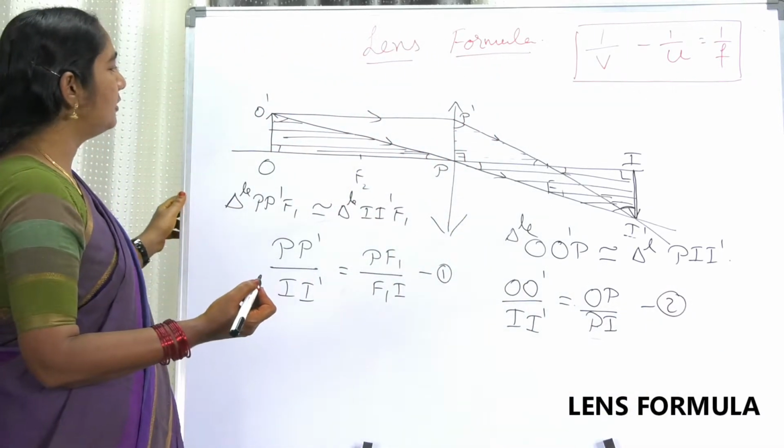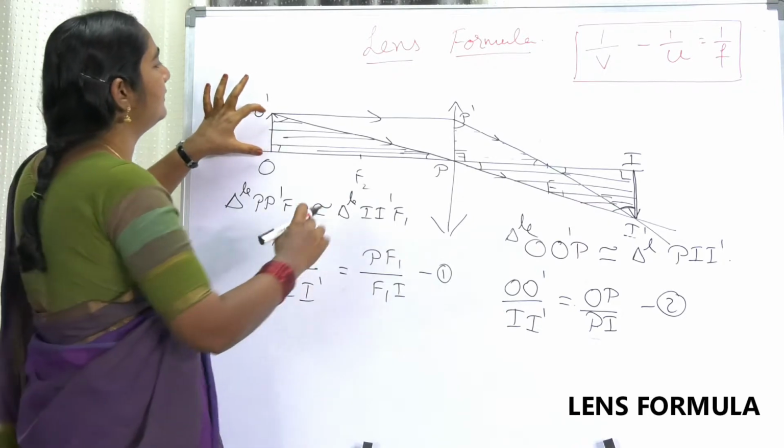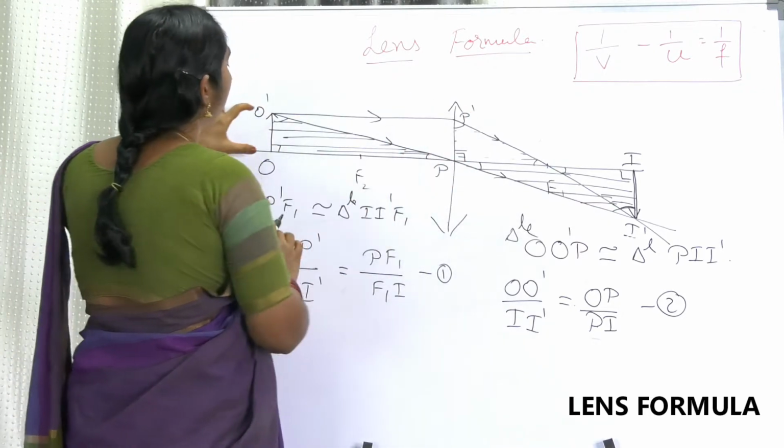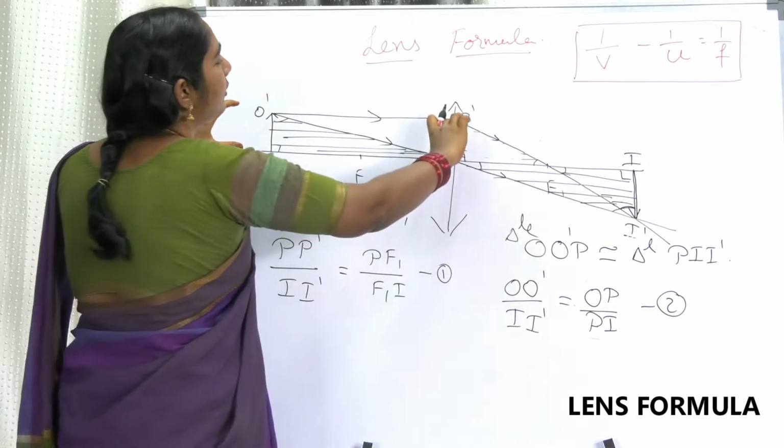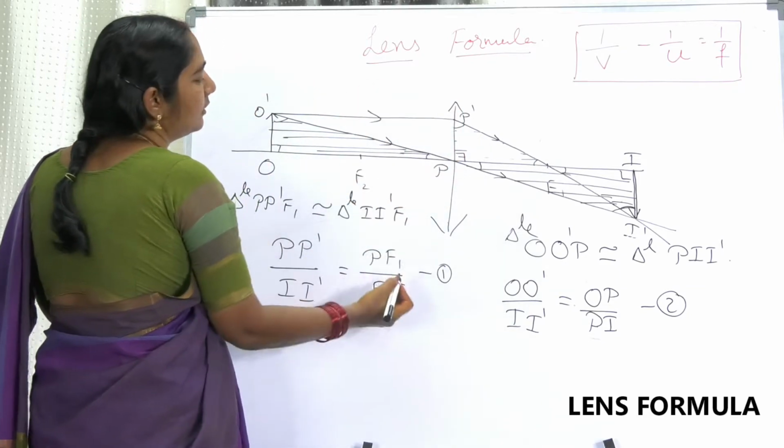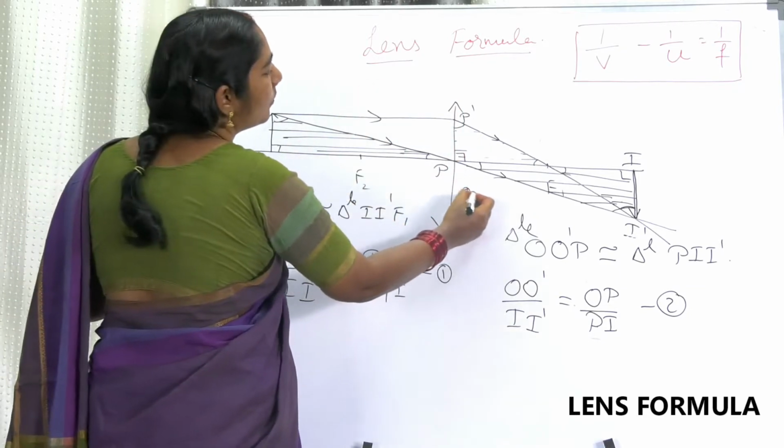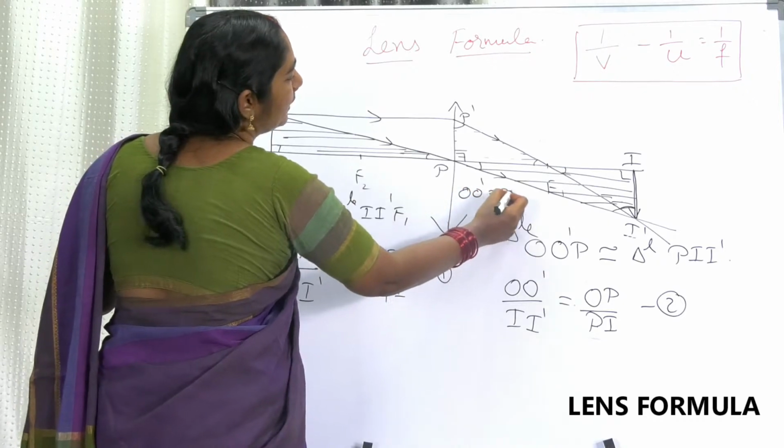Now, my dear friends, you know that these two are equal, that means O dash is equal to P dash.